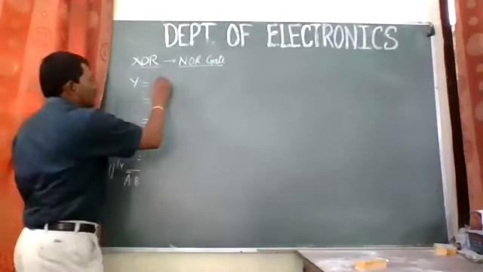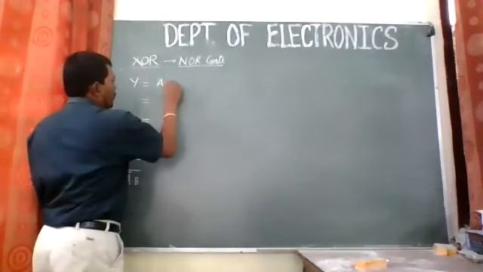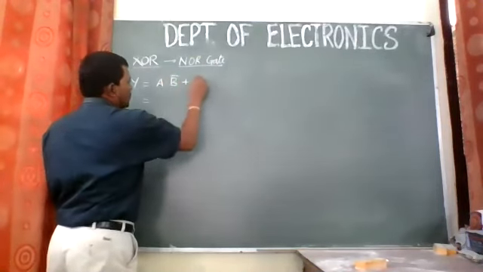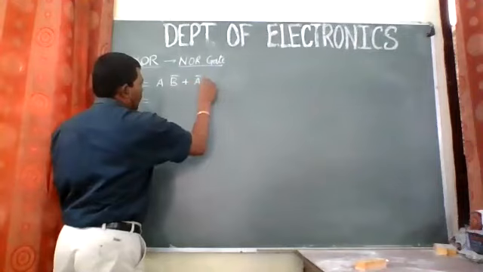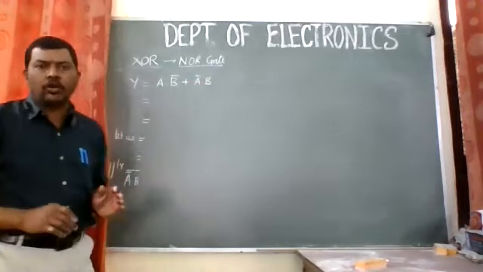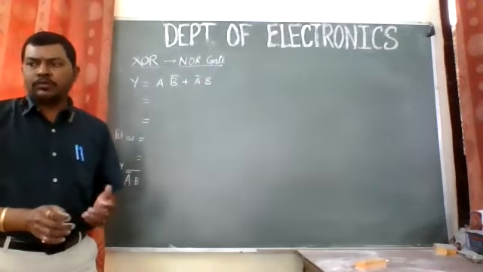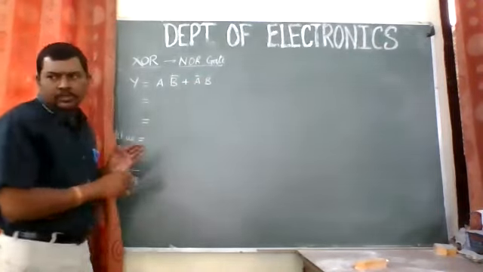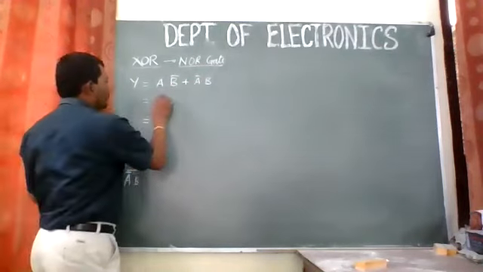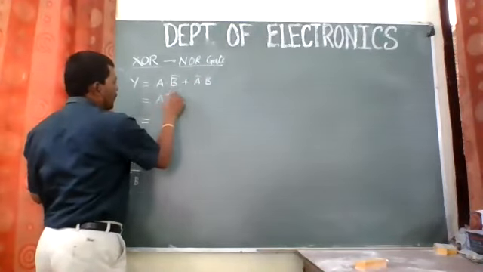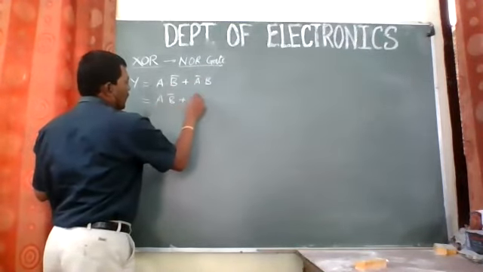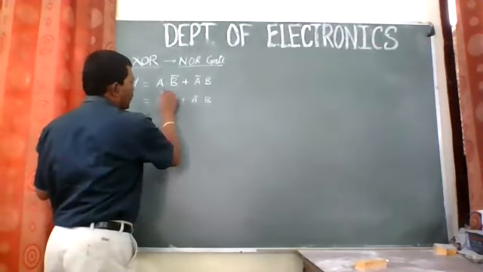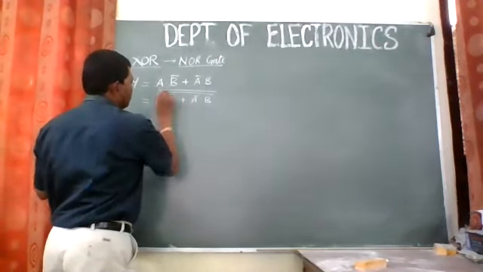So this is the equation for that: A dot B bar plus A bar dot B, right? So this is the equation of the XOR gate. What we'll do, as usual, is complement it. We will be taking two complements of it, right? So the equation comes out to be A dot B bar plus A bar dot B double complement like this.